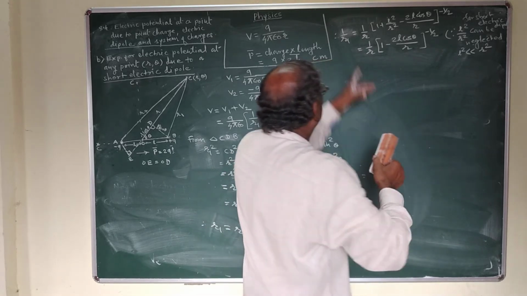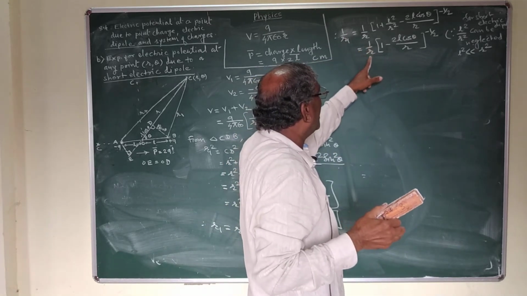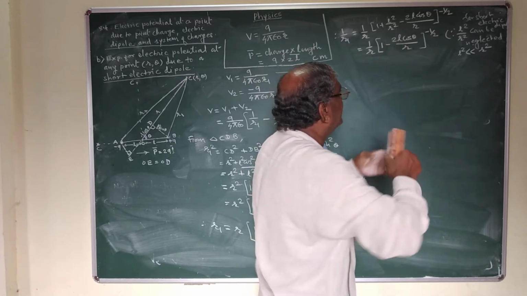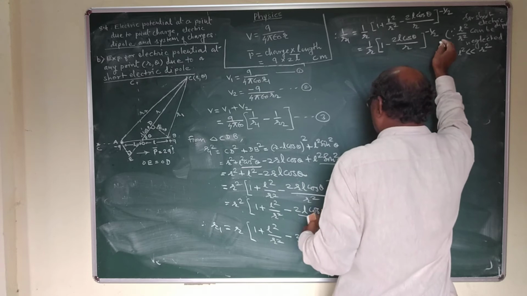So 1 upon R1 is equal to 1 upon R in bracket (1 minus 2L cos theta upon R). This is equation number 4.